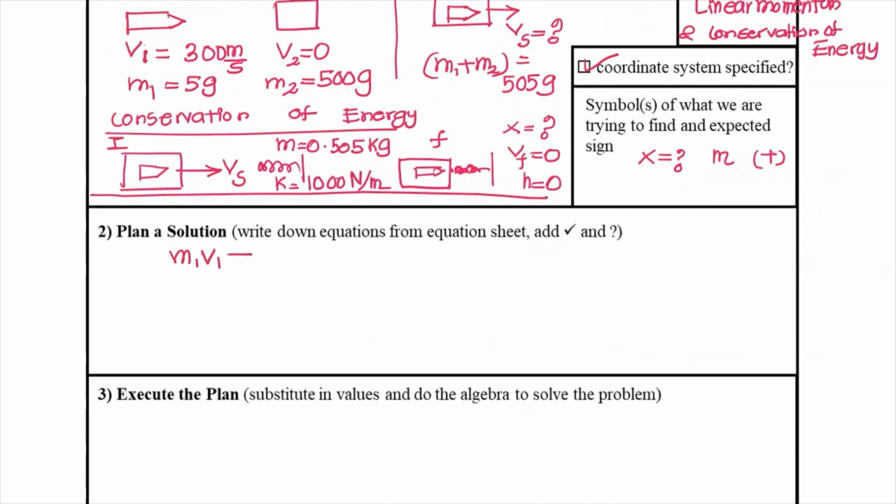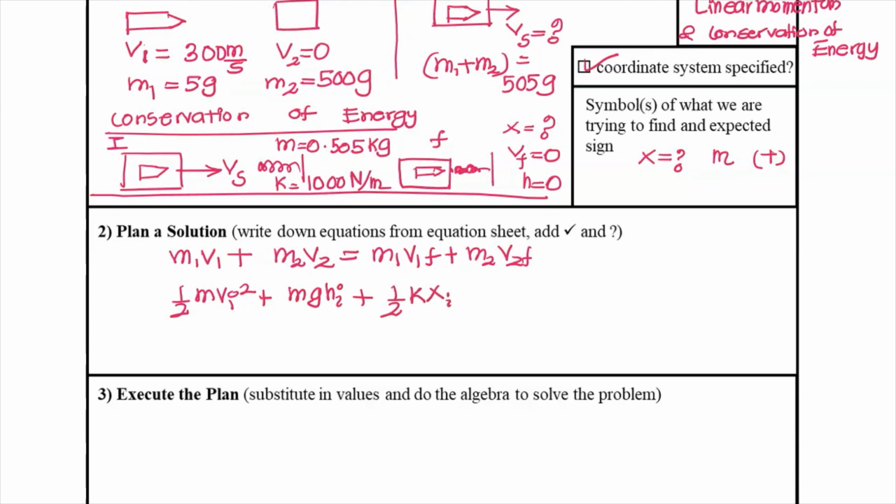The first equation is the conservation of linear momentum equation, and by now I'm pretty sure you are familiar with it. The second equation is our 7-term conservation of energy equation, which you used in the previous chapter. I'm going to write all the terms, not only the gravitational potential energy, but also the spring potential energy.